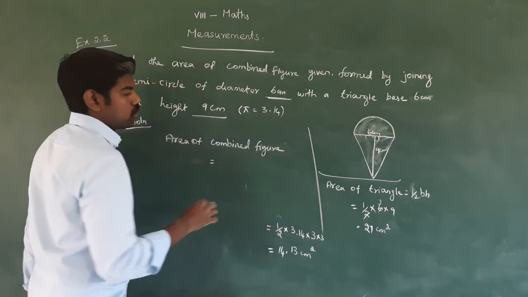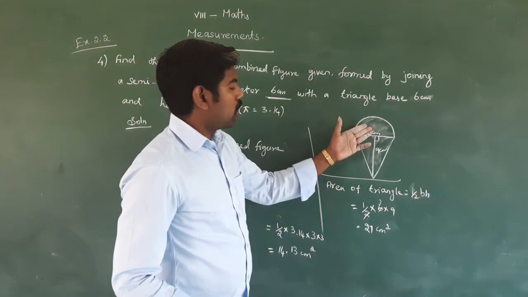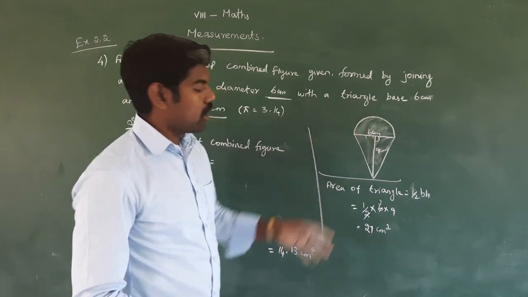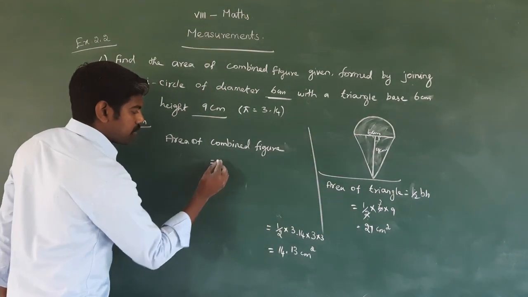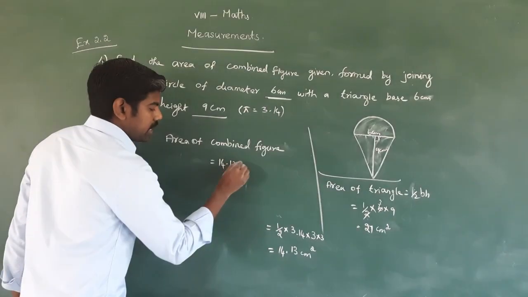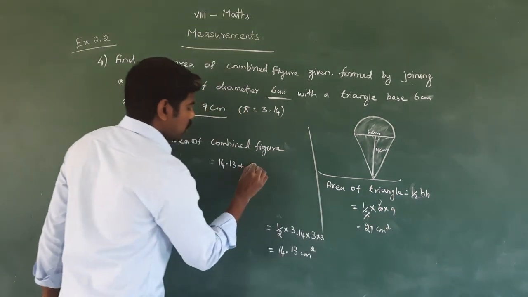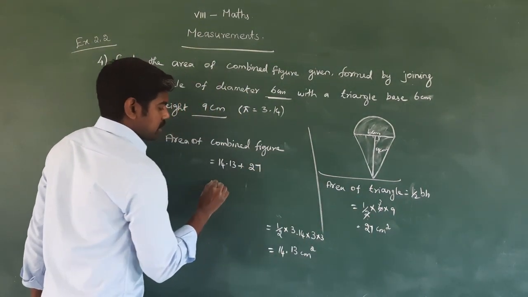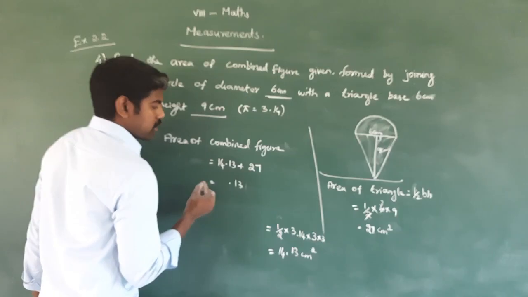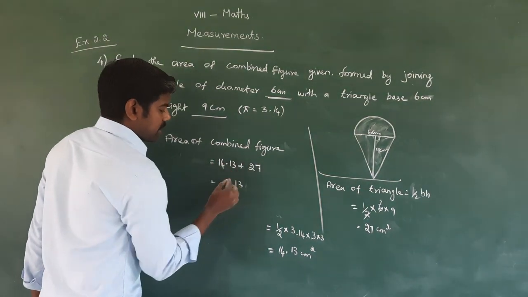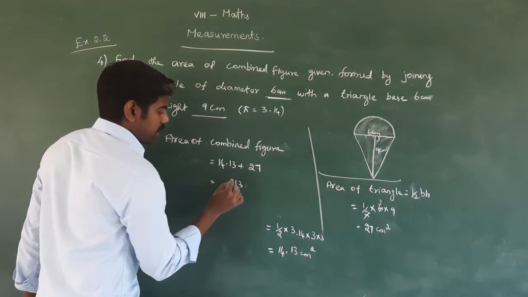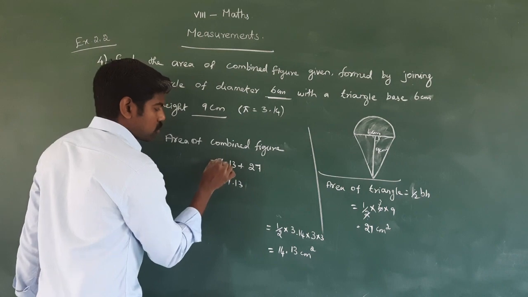Combined figure is equal to the sum of area of semicircle and the area of triangle. Area of semicircle is 14.13 plus area of triangle 27. Decimal part is 13. 4 plus 7 is 11. So 1, 1 2 4.